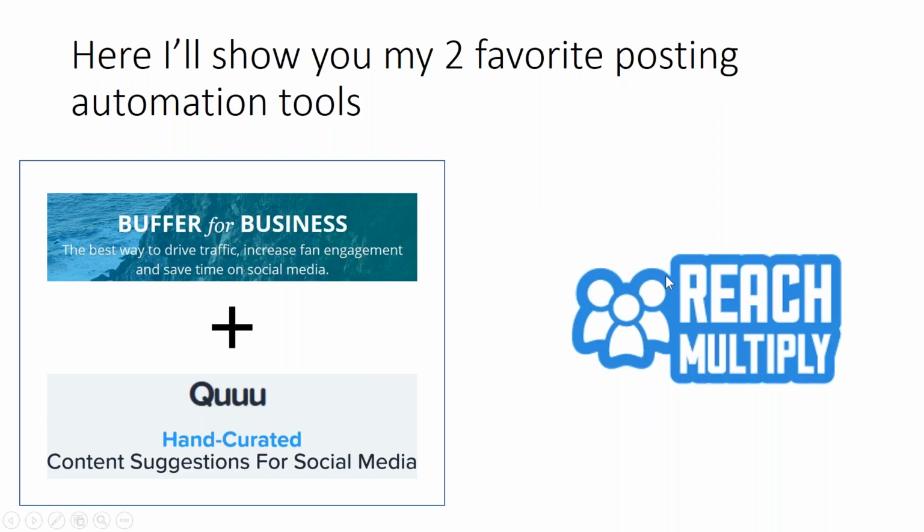Okay, the second tool that we're going to talk about is ReachMultiply. Now, with Buffer, Q is feeding Buffer. So I really don't have a lot of input into the daily posts that are coming out on Buffer because they've already been scheduled a long time ago by Q. But they're in categories that I like, that are often very interesting.